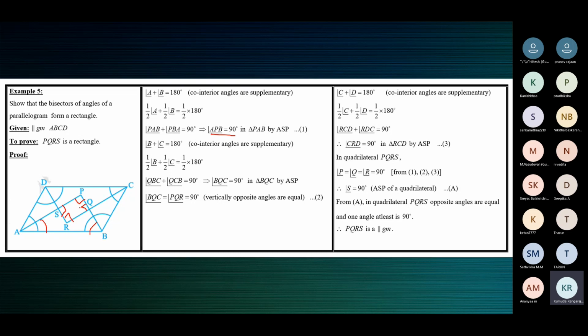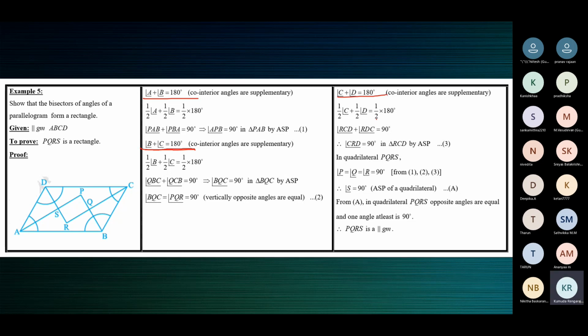Now we'll move on to prove that the other angles I just marked, Q, R, S, are all 90 degrees. Take up the next pair of co-interior angles. Any order you can work, children. I have worked A and B first, and now I've worked B and C. See, first A plus B is equal to 180. Now we'll say that B plus C is 180. Then C plus D is 180.